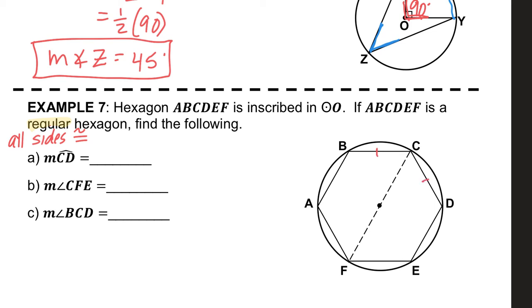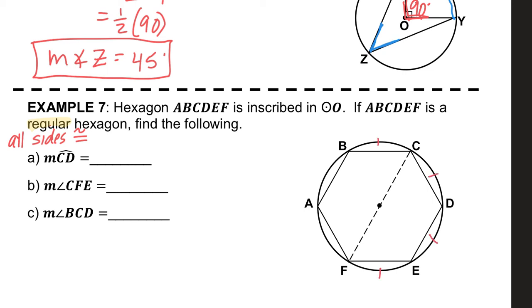And if our sides are all congruent, then the chords are congruent, and their intercepted arcs are congruent. So all 6 of these arcs are going to be congruent as well. So I'm going to erase all of those congruent markings and just mark my arcs congruent. So here, all of these are congruent.